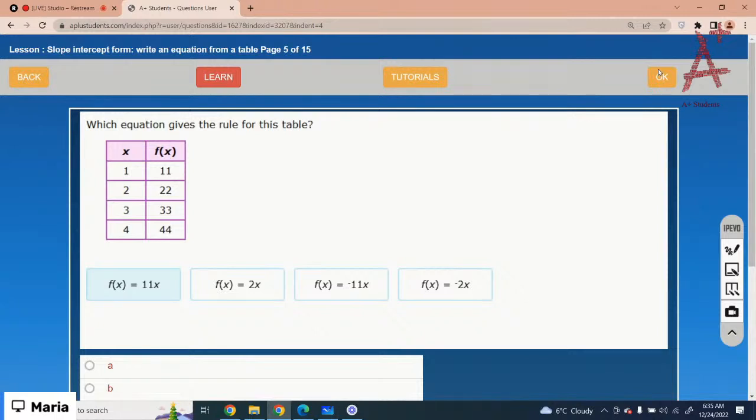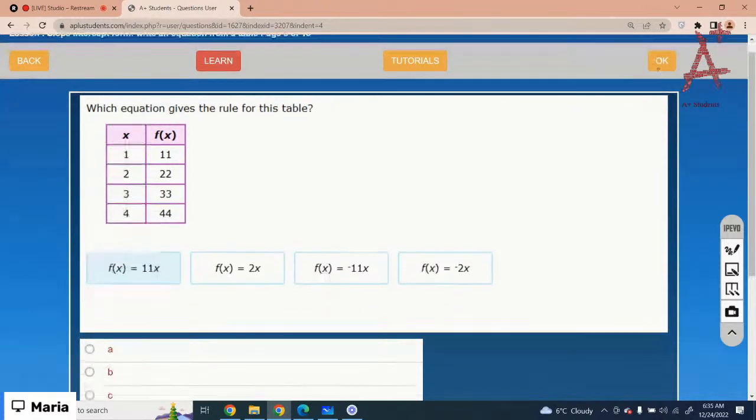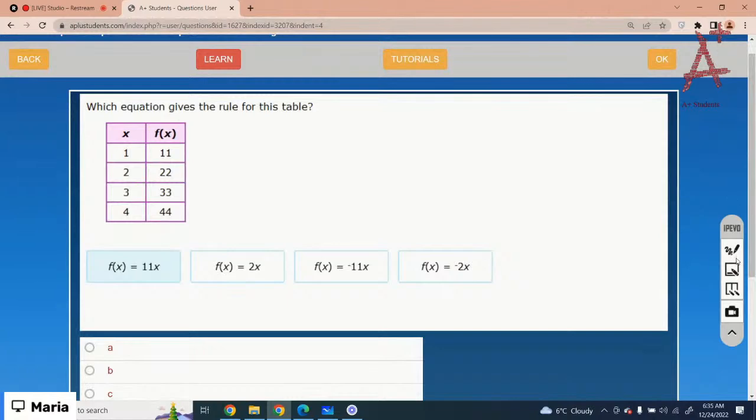Okay, you have to find the slope for the table. So just find the slope. The general form of the equation is y equals mx plus b. This is the general form, slope intercept form of the equation.